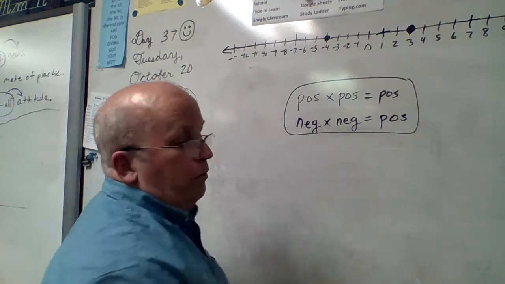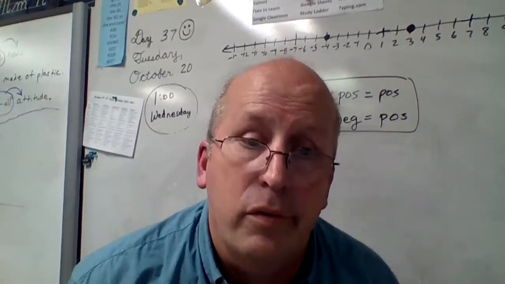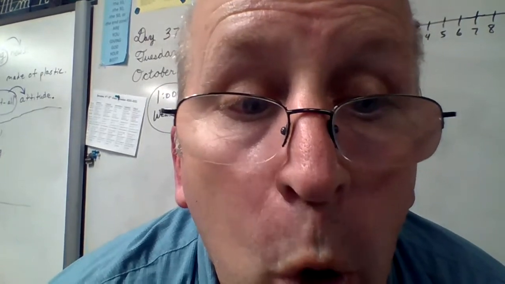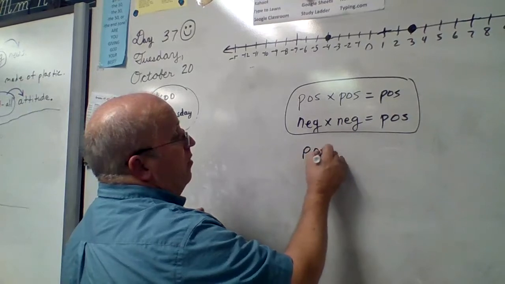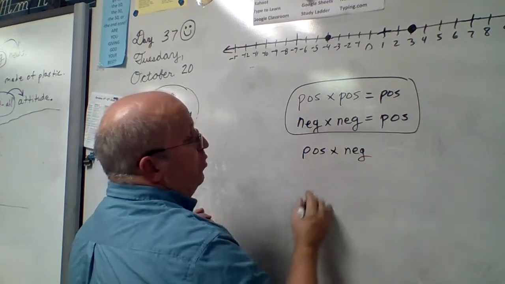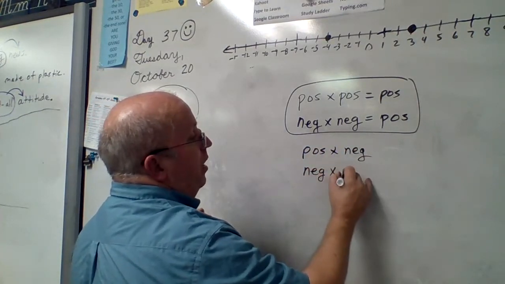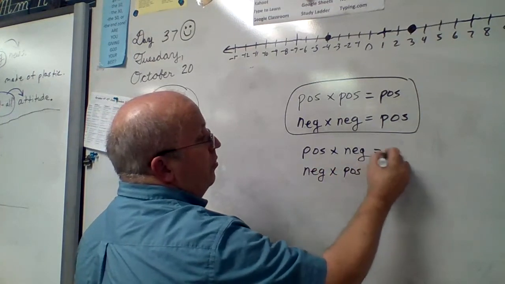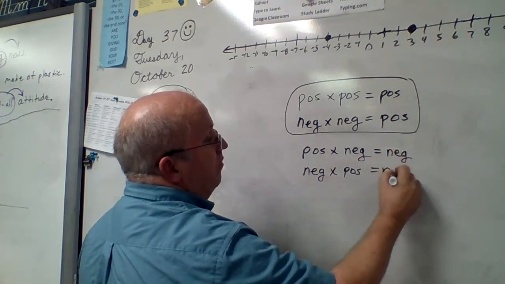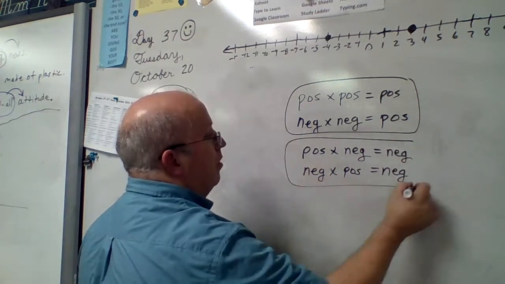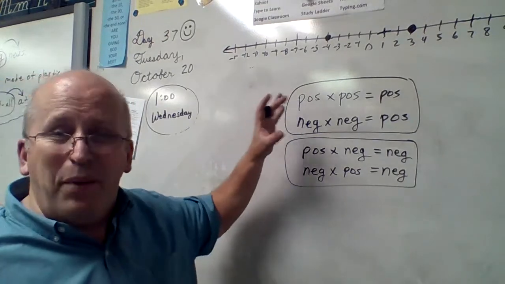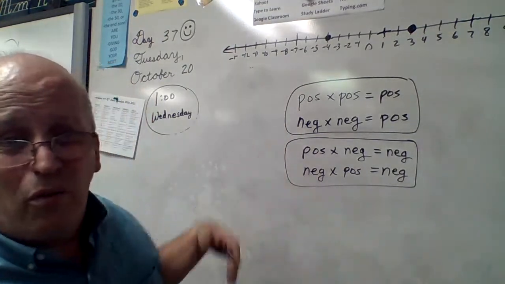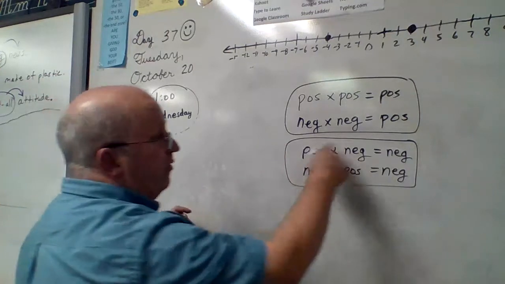Okay, Mr. Panko, then when are we going to have answers that are negative numbers? Here it comes. If you have a positive times a negative, or if you have a negative times a positive, the answer is always negative. So basically, we got two sets of rules, but let's show some examples of this.